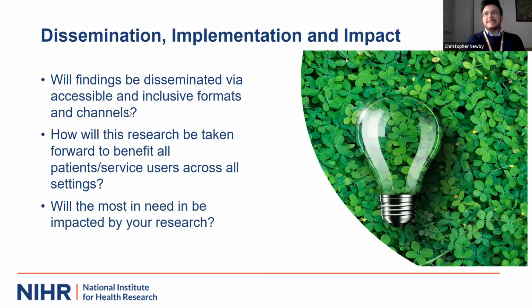So as well as dissemination, we have implementation. And as I said before, if you get it right at the beginning, then the implementation will be a lot easier because you don't have to adjust for anything for heterogeneity. But there's also impact. So impact is the demonstrable contribution that research makes to society and the economy, of benefit to individuals, organizations and nations.